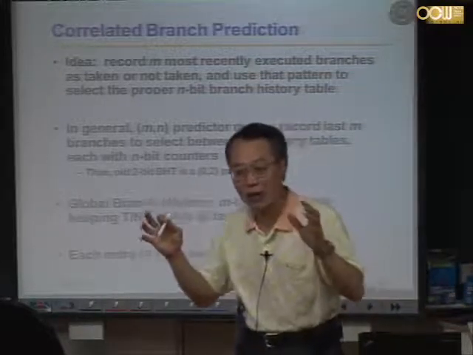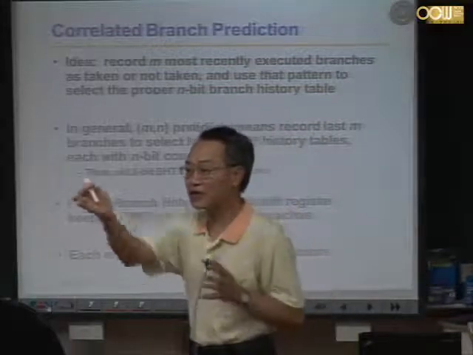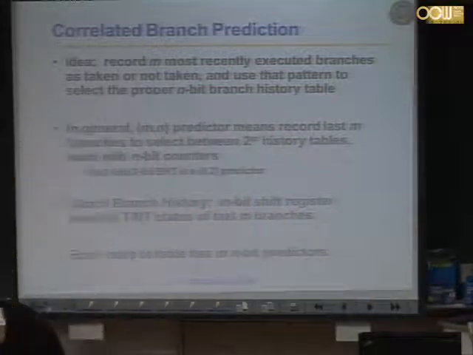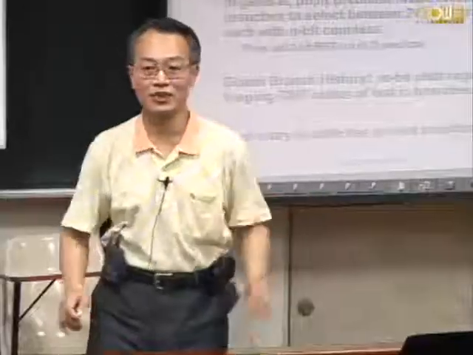How big is each table? Imagine, tell me how big a table would be. 4K such tables. And the table size is how many entries? You think? Depends on how many bits we use.